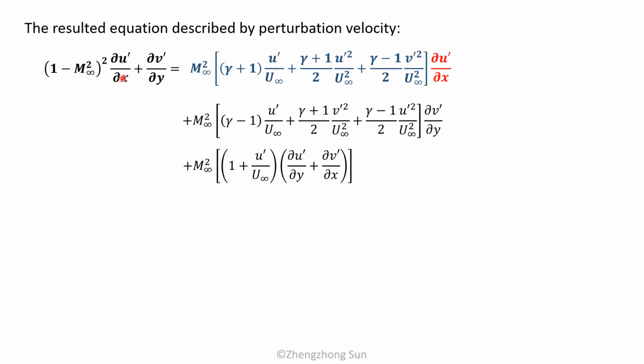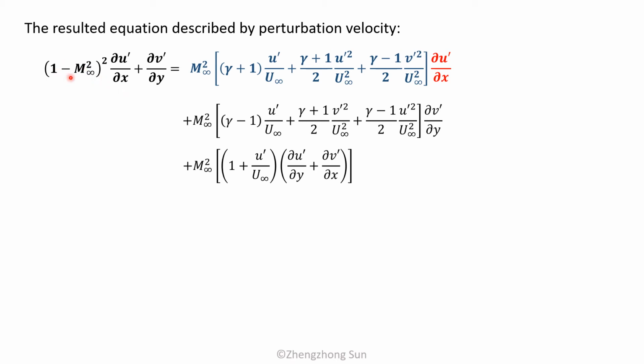Okay, so what we can do is just plug the perturbation velocity potential into the governing equation. We will have this part. The left-hand side of the simplified equation is quite neat. The first one, partial phi prime, partial x, is the second derivative of partial phi, partial x.